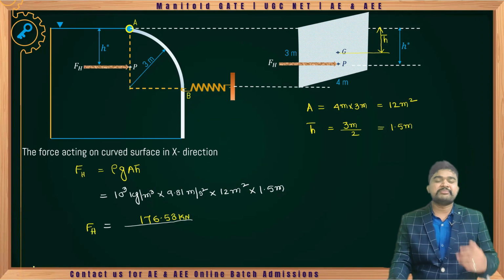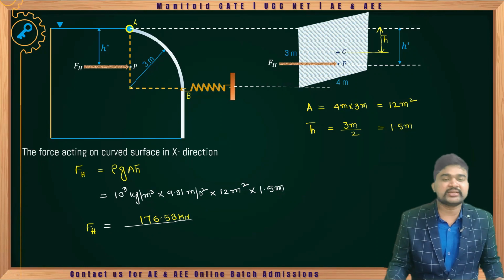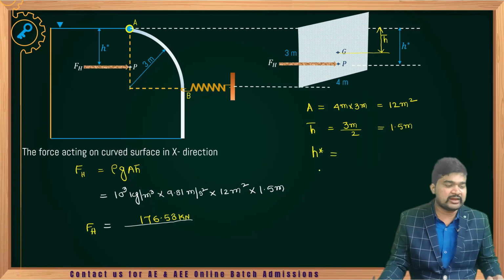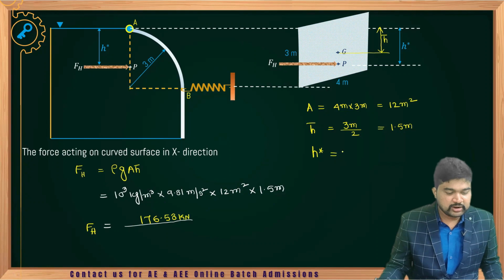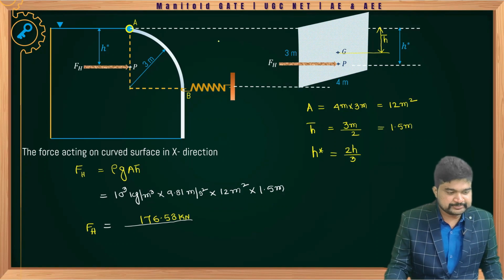Now tell me, what is the location where it is acting? It is acting at the center of pressure. Then determine h star, which is 2h by 3. What is h here? 3 meter.